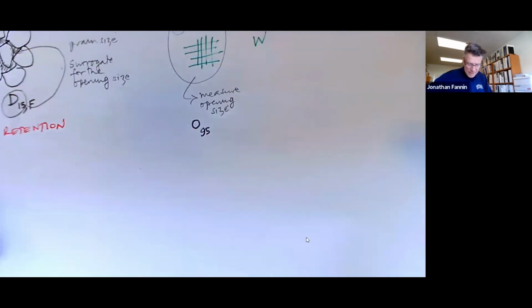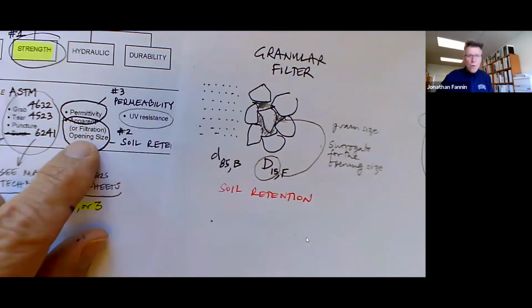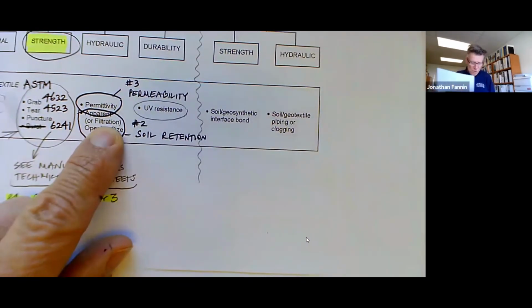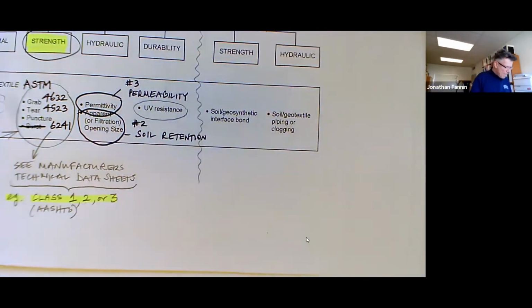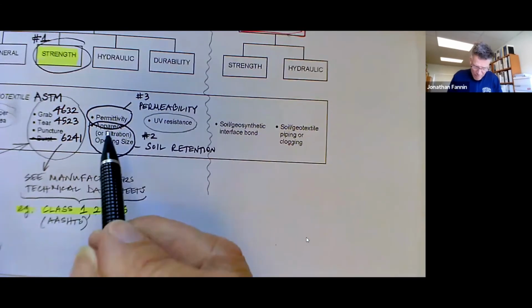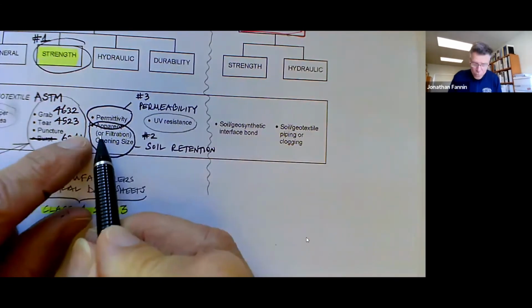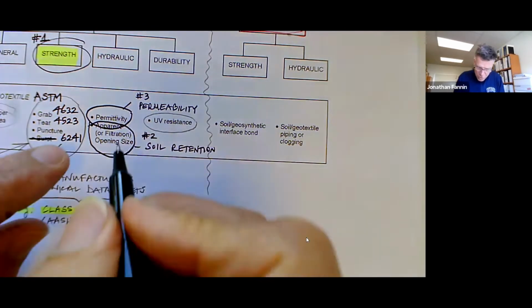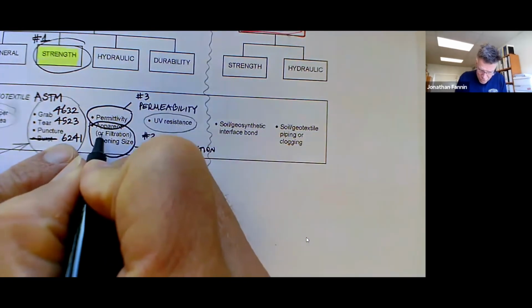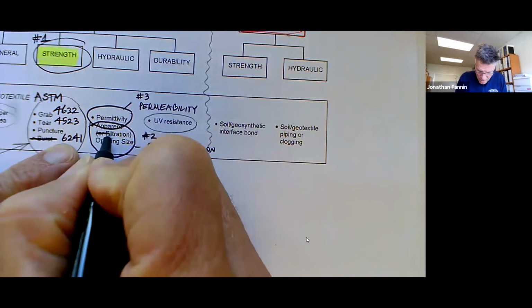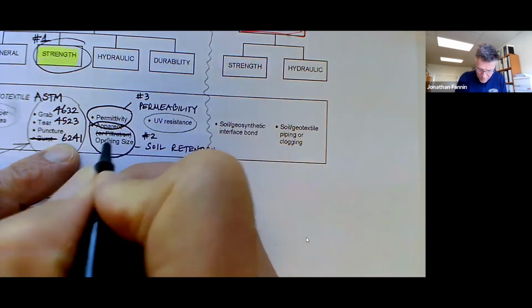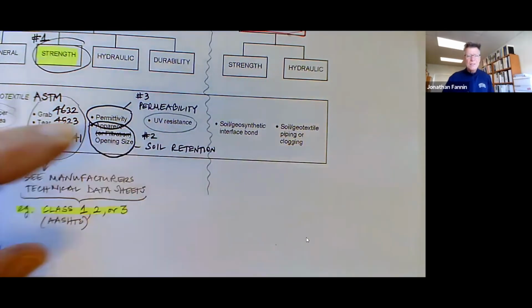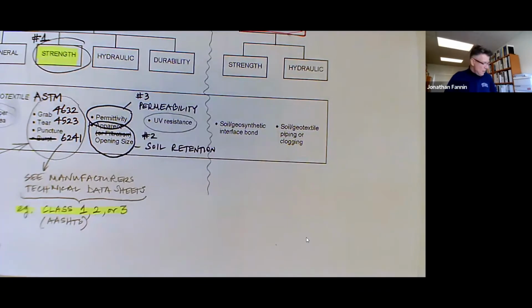Informed by that, the opening size is measured by ASTM, and I have apparent, and then I put in brackets, or filtration. And I learned in the last short while that the filtration opening size, which is actually a Canadian General Standard Board test, has been discontinued as a standard.